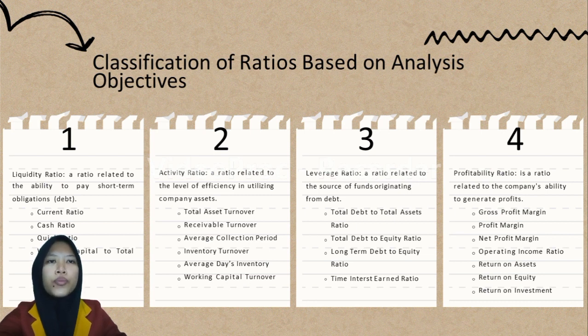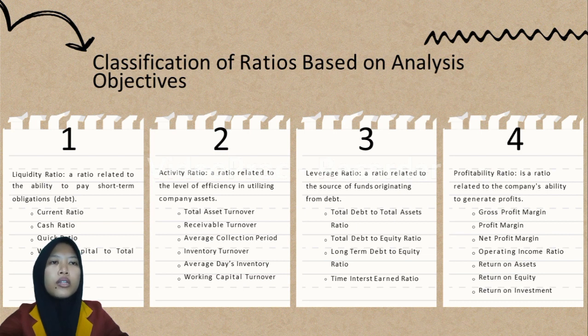Activity ratio. A ratio related to the level of efficiency in utilizing company asset. Total asset turnover, receivable turnover, average collection period, inventory turnover, average days in inventory, and working capital turnover.